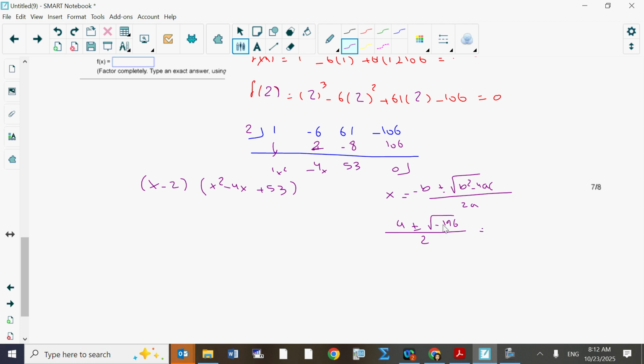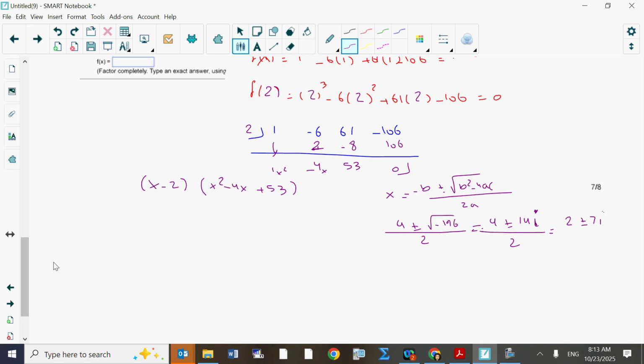When you simplify, we know that 196 is the square of 14. So this will be 4 plus and minus 14, and since I have a negative under the radical, it's going to be 14i divided by 2. You can simplify by dividing everything by 2. So that's going to be 2 plus and minus 7i. So these are the other zeros of the function.